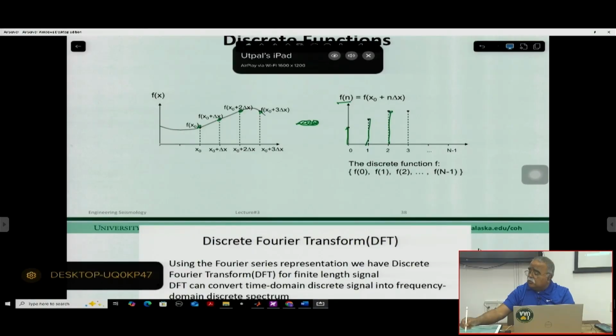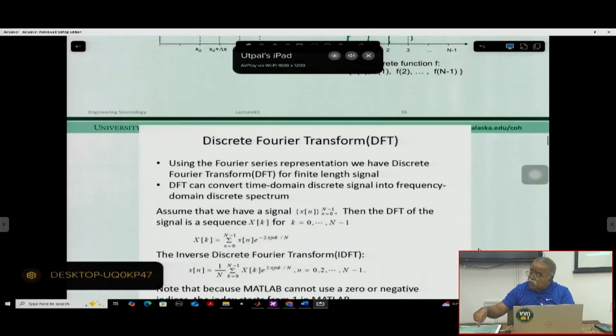That is what you will have in your computer. A discrete set of values, just like yesterday you have seen all the time and all the acceleration values. Yesterday you saw that it is a 0.005 second interval, and all the data are there.